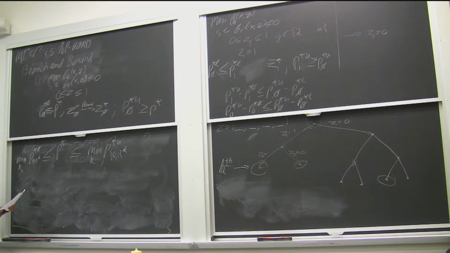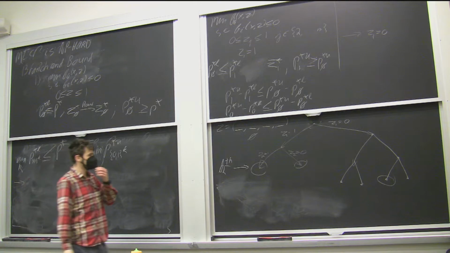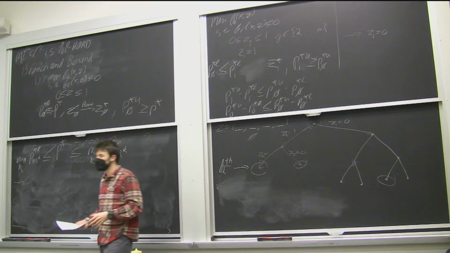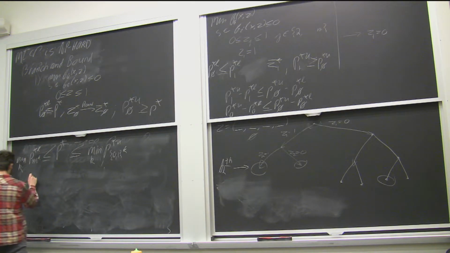Largest lower bound, smallest upper bound. Okay, so let's do this. Let's say I've expanded my tree to some level here, and I solve the convex relaxation.